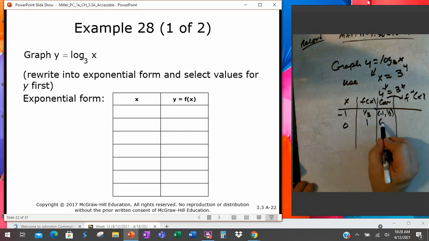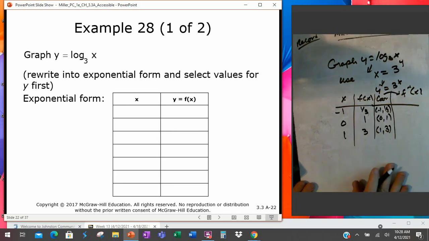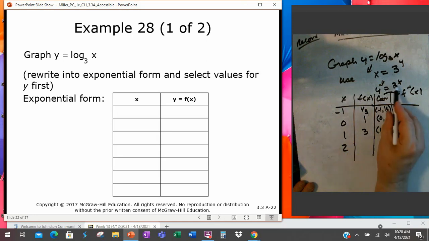So this is the coordinate pair 0, 1. 3 to the 1 is 3. So this is 1, 3. And then I'm going to do one more, and you'll get the gist of this. 2: 3 squared is 9. So this is 2, 9.